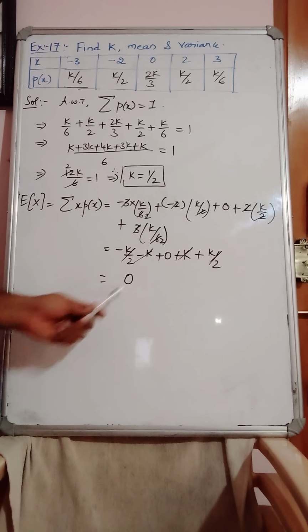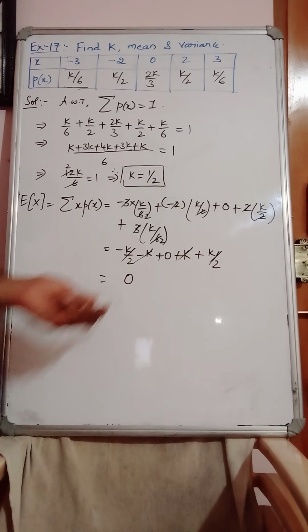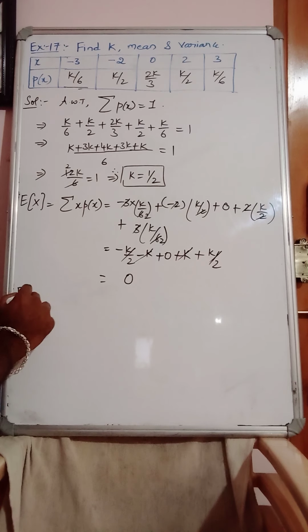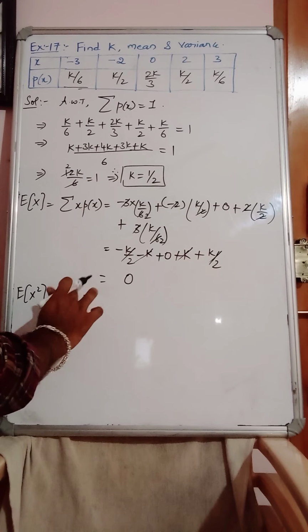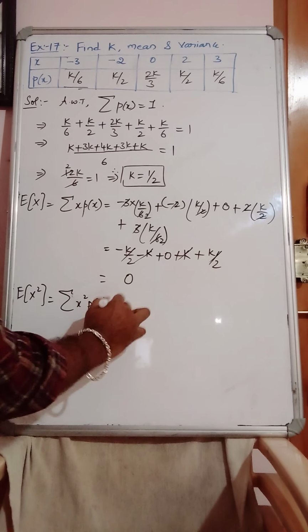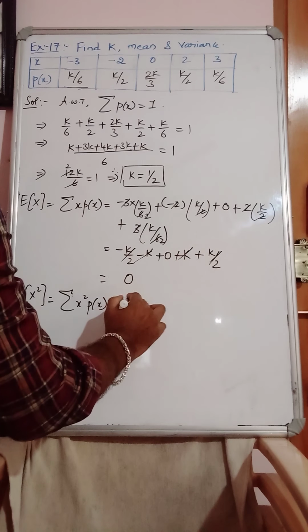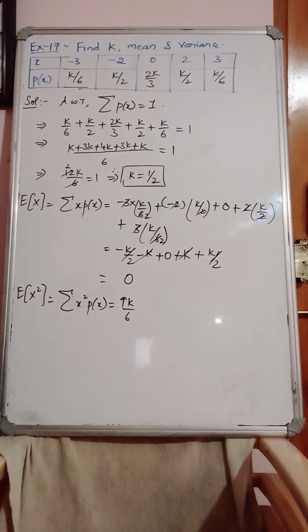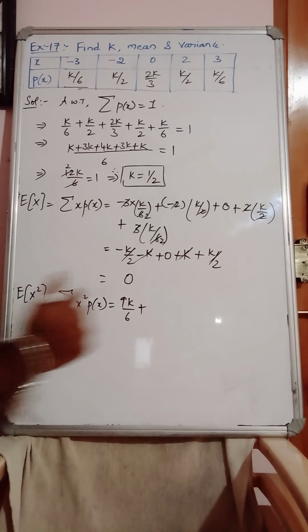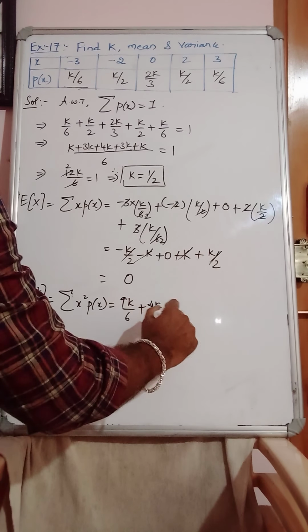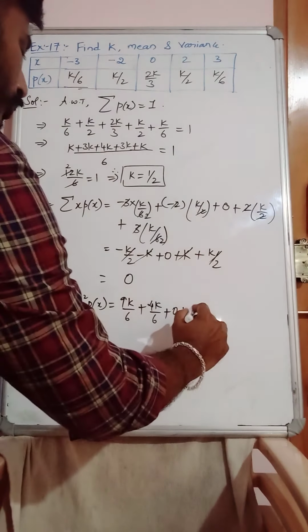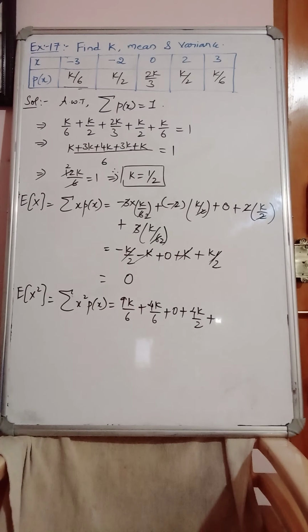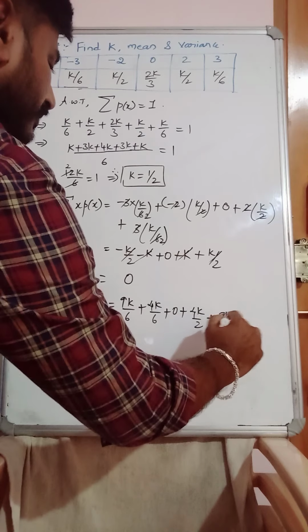What is the value of variance? Expectation mean is 0. Without substituting k, you got the answer 0. Then expectation of x square means x square into p of x. So minus 3 square, 9k by 6, plus minus 2 square, 4k by 6, plus 0 square into something 0, plus 2 square, 4k by 2, plus 3 square, 9k by 6.